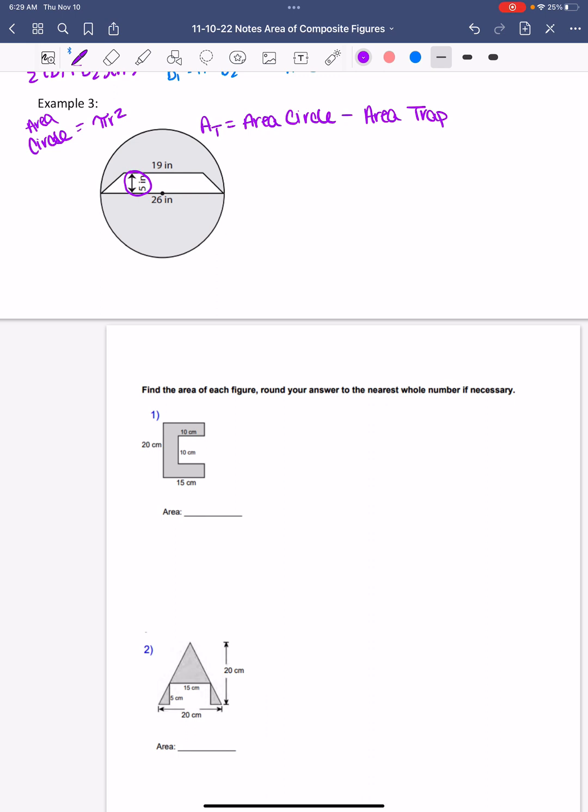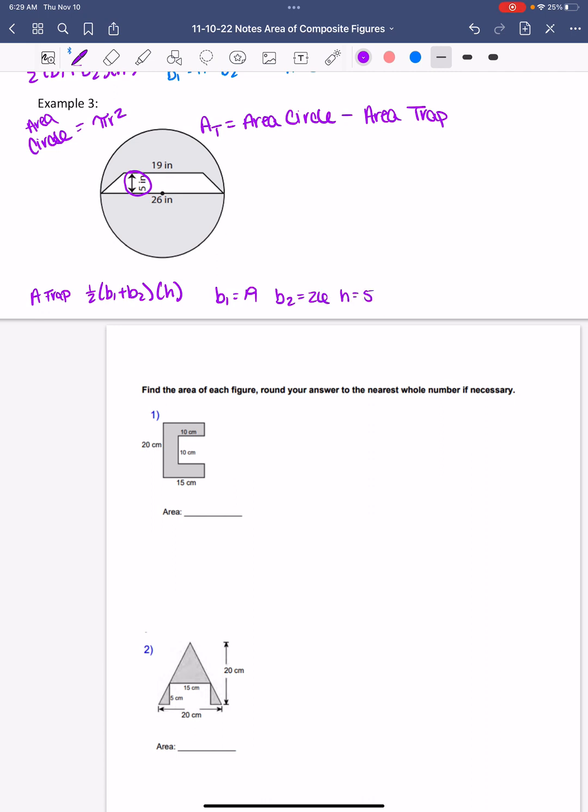If our height is 5, actually it might be a little bit easier to do the trapezoid formula first. So I'm going to put a trap, and that's going to be 1/2 base 1 plus base 2 times your height. So base 1 is going to be that 19, base 2 is going to be the 26, and then your height is going to be 5.